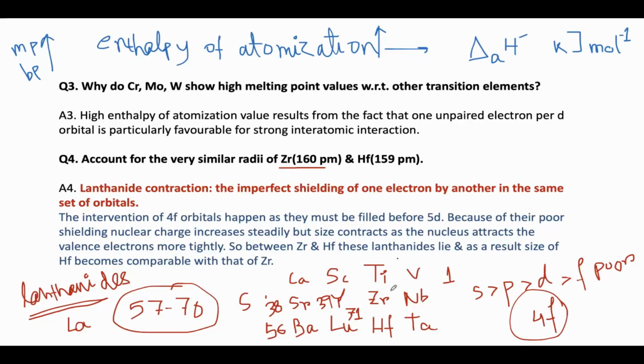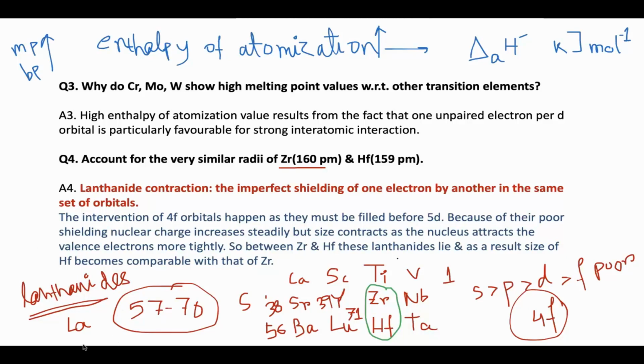Hafnium has a principal quantum number 1 higher than that of zirconium, so it should have been much larger, but it does not become so. Hafnium has a radius comparable with zirconium: hafnium has 159 picometer, but zirconium has 160 picometer. So because of the lanthanide contraction, the sizes of zirconium and hafnium become very similar to one another.